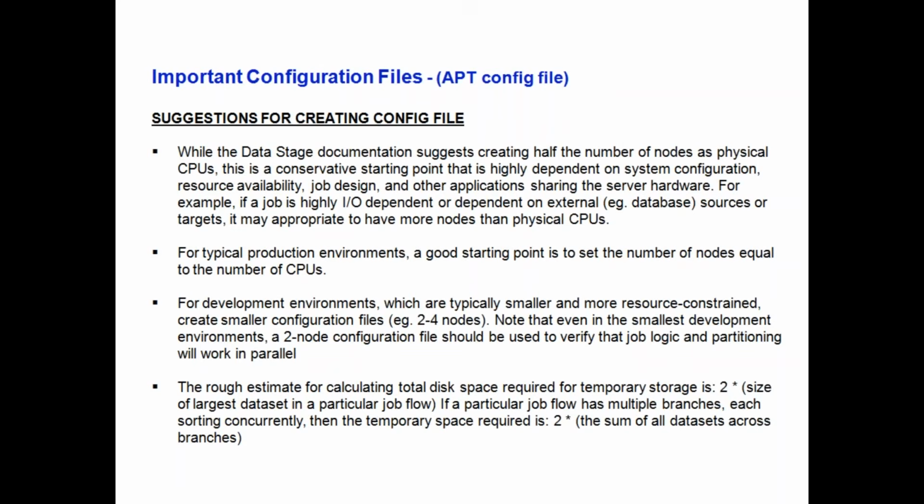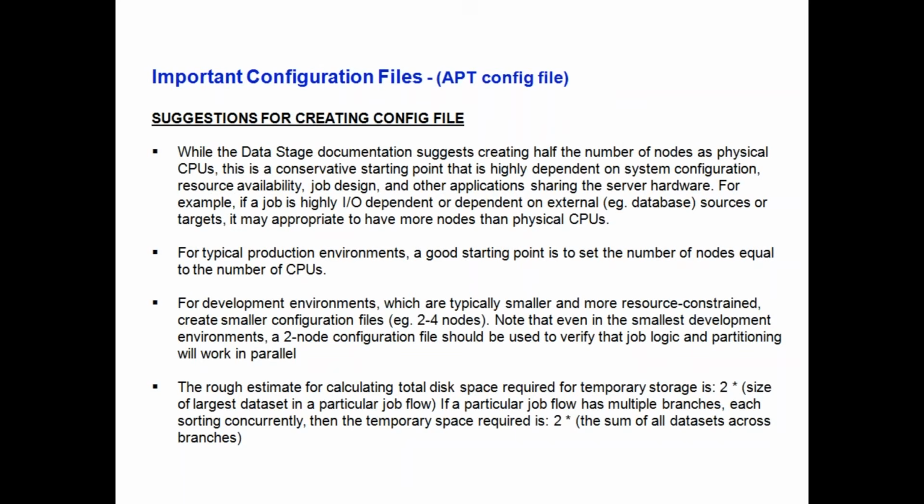If we can put a number to that, in any DataStage job of all the jobs in the project, or even for a particular job, if we want to define it at a job level, what is the biggest volume of size of the data set that will be generated? If there are multiple data sets that are getting generated in the same job, then take a sum of the sizes of all those data sets, times two. That would be your temporary space that should be required.